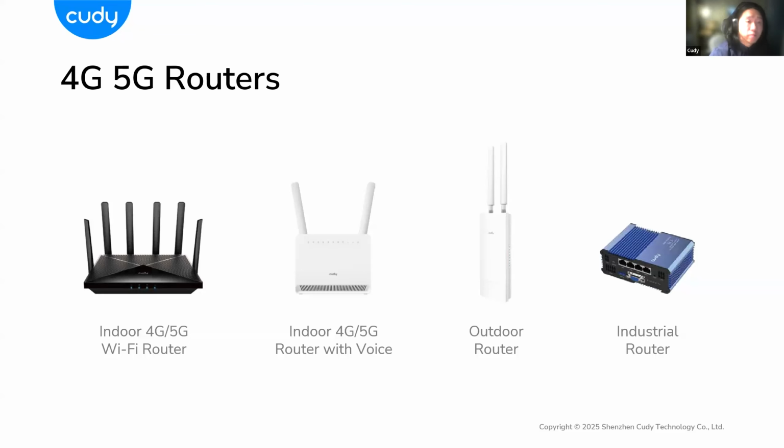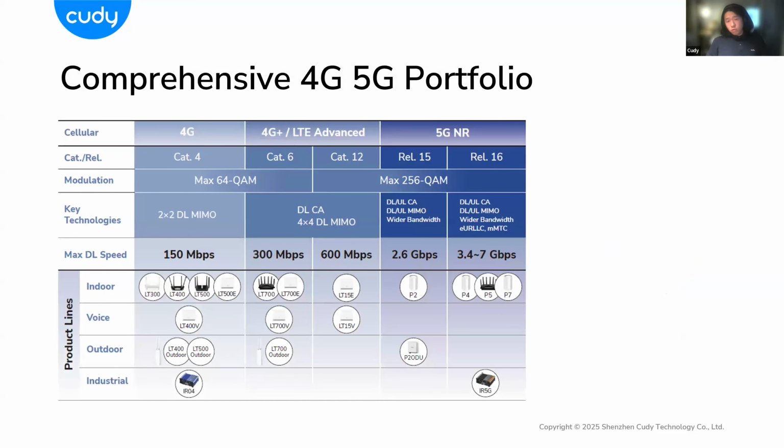Okay, so back to the session. 4G, 5G products. At Cudy, in the first place, we are very good at building 4G and 5G products. We were first renowned for that on Amazon, and these days we're also good at making general networking products.